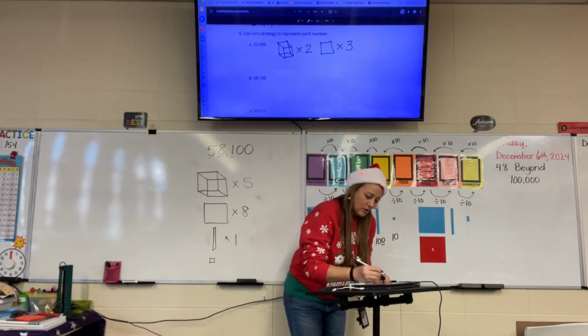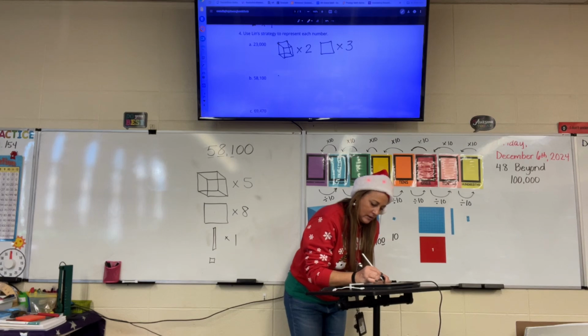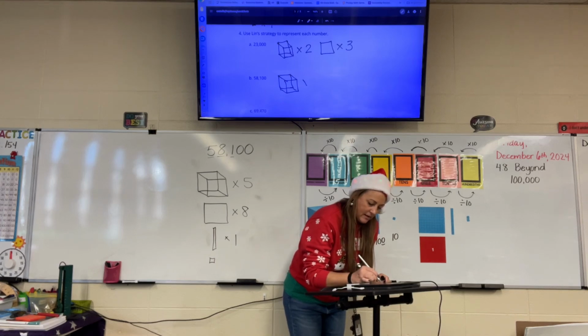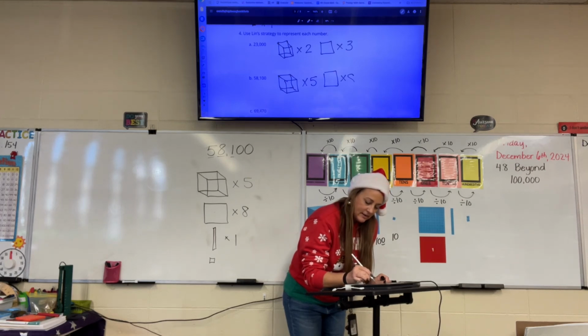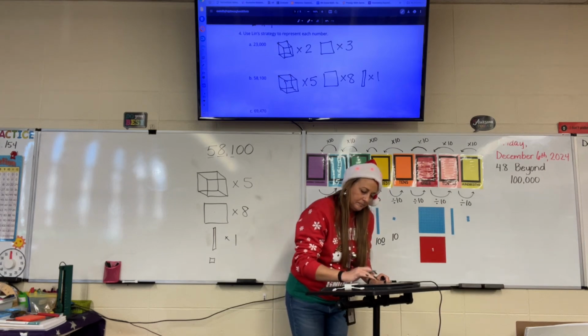So we're going to draw one big cube, times it by 5, one big square, times it by 8, and one long, times it by 1.